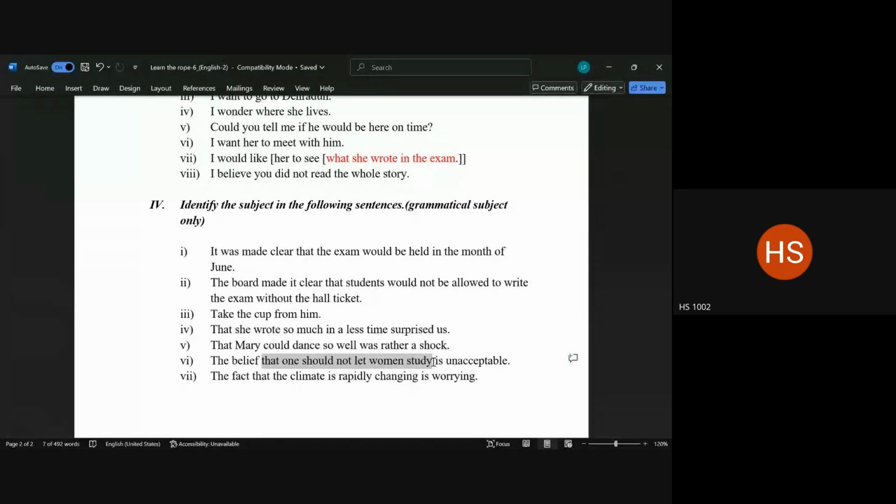So when you have a clear-cut noun in a sentence, usually the tendency is to pick that up. Among the two that you have here, although that one should not let women study, this subordinate clause has nominal qualities. You have a noun which is already taking up that role, and it's easier for the sentence to derive its subject from that noun than from looking at a clause.